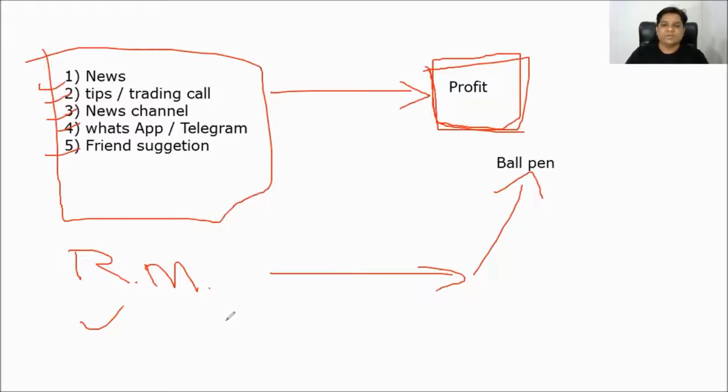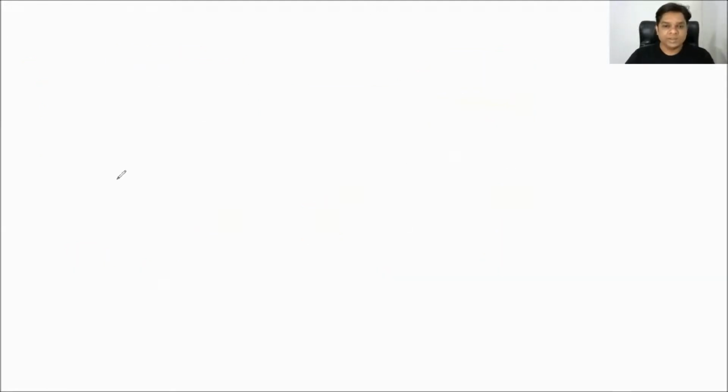In the same way, if you want to be a profitable trader, or if you want profit as output, you need to apply simple raw material, simple steps to follow. So I'm removing all this, and if you want a profit, then you need to use some system.